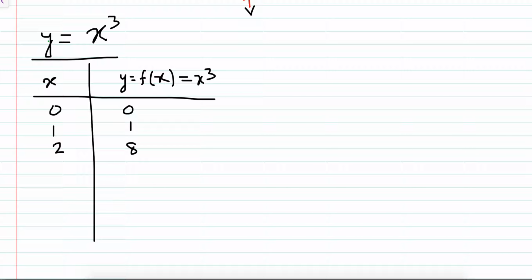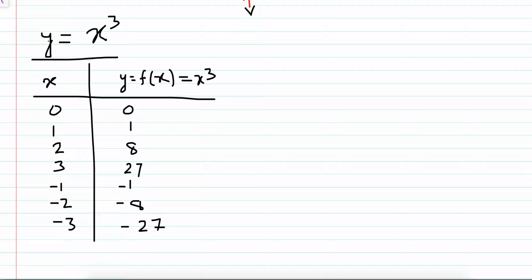But for the cube, for negative numbers, the cube will be negative, because the square is positive, then again I multiply that negative number, so it will become negative. So for 3 it will be 27. Now we will take some negative values. For minus 1 it's minus 1. For minus 2 it's minus 8. For minus 3 it's minus 27.